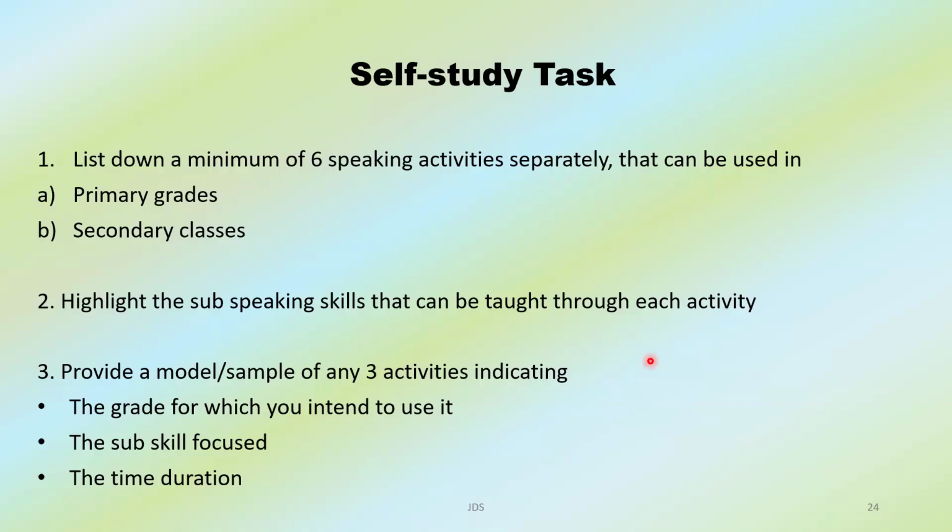When we provide this model or sample, I need to think of ways in which I can teach only speaking skills, right, ma'am? I don't have to think about comprehension or grammar. Yeah, you have to think of any activities. Decide on the grade. It can be for primary, it can be for secondary. You are free to choose any grade and any activity.